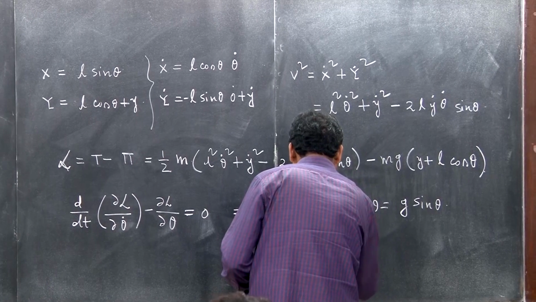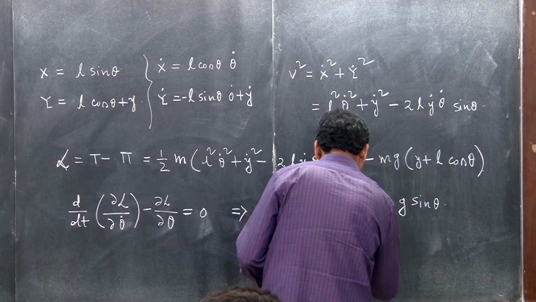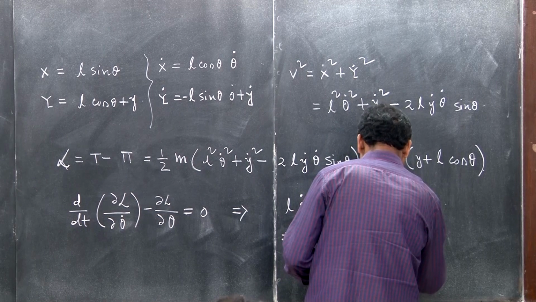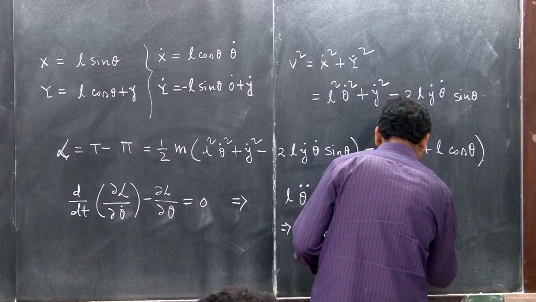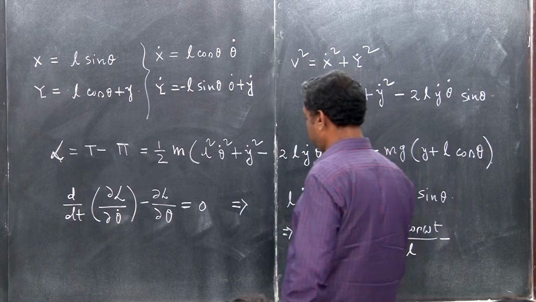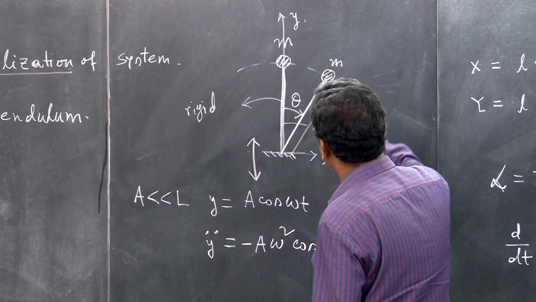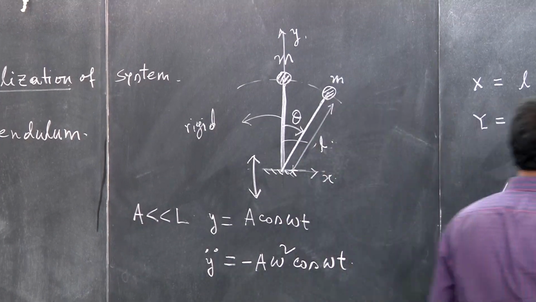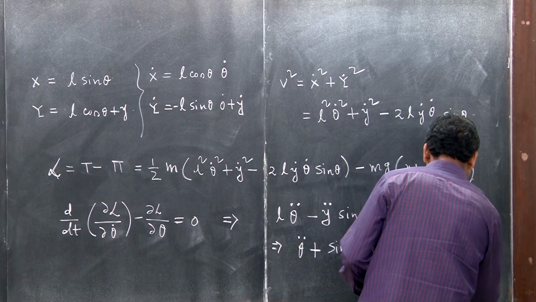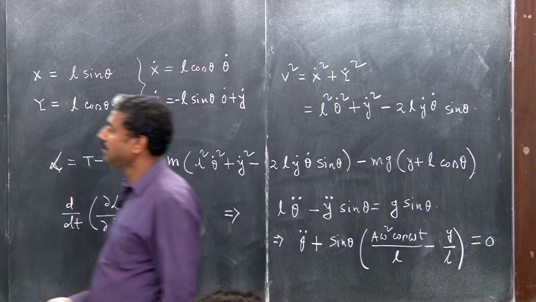theta double dot plus sin theta divided by a omega square cosine of omega t divided by L minus g upon L is equal to 0, with length small l.